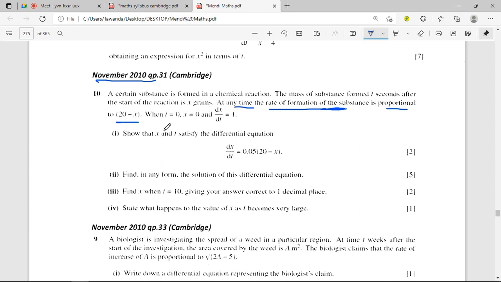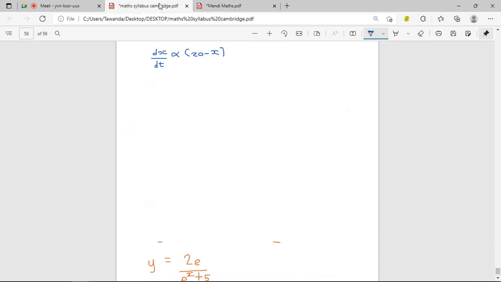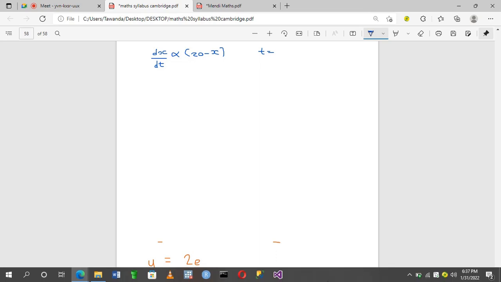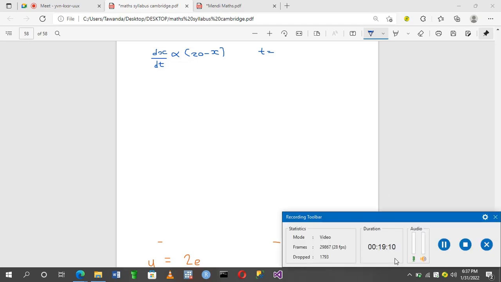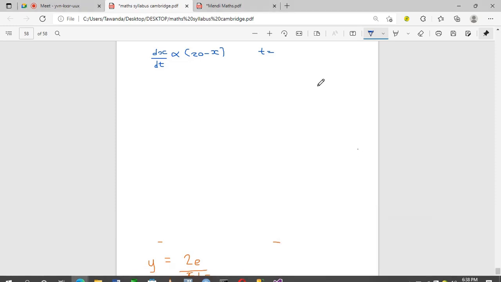And we are given the initial conditions. These are the initial conditions given. We are given t equals 0.